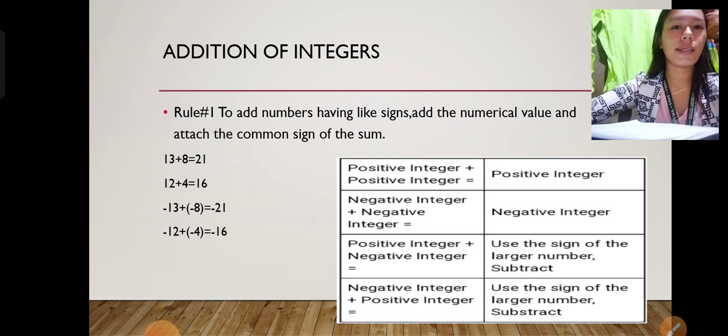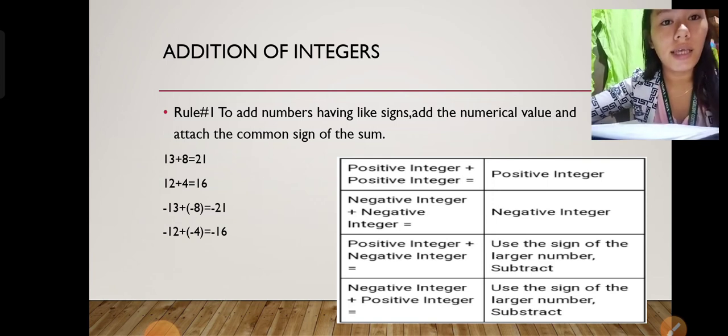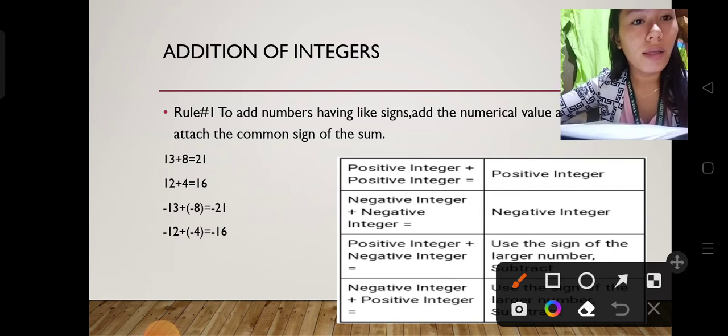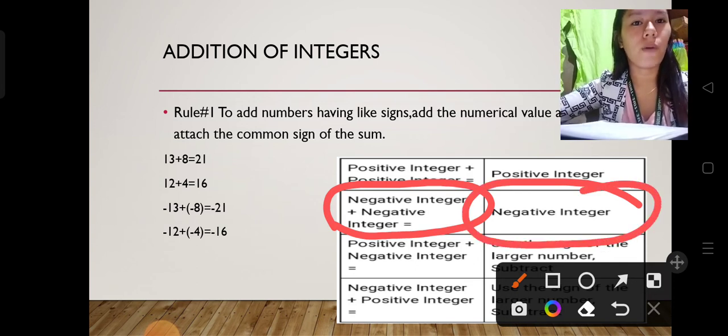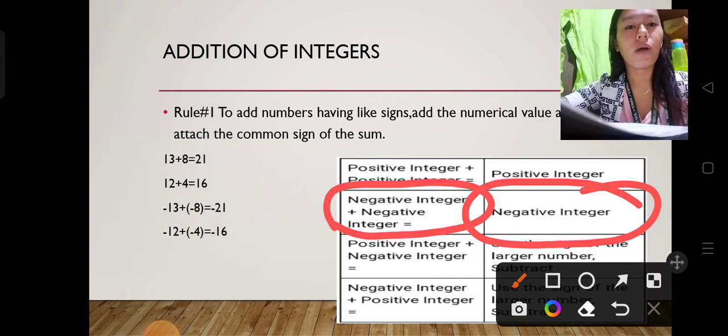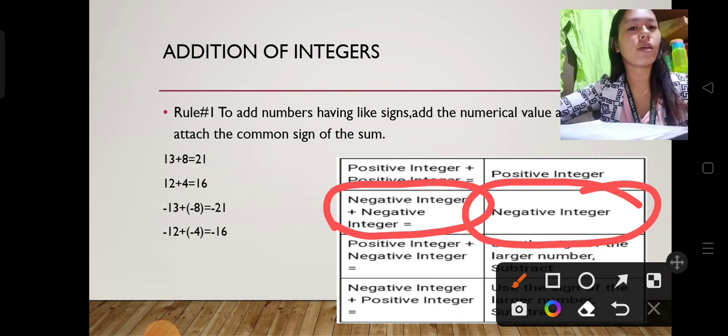Then third is negative 13 plus negative 8 is equal to negative 21. Okay, do you remember here that negative plus negative is equal to a negative integer? Because both are negative, the answer is also negative.